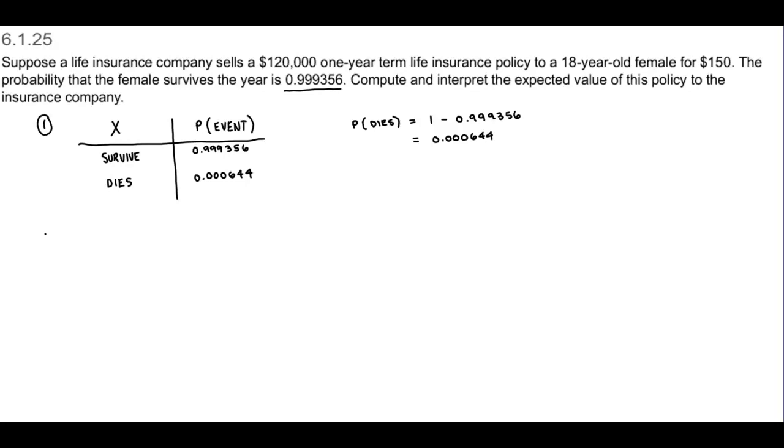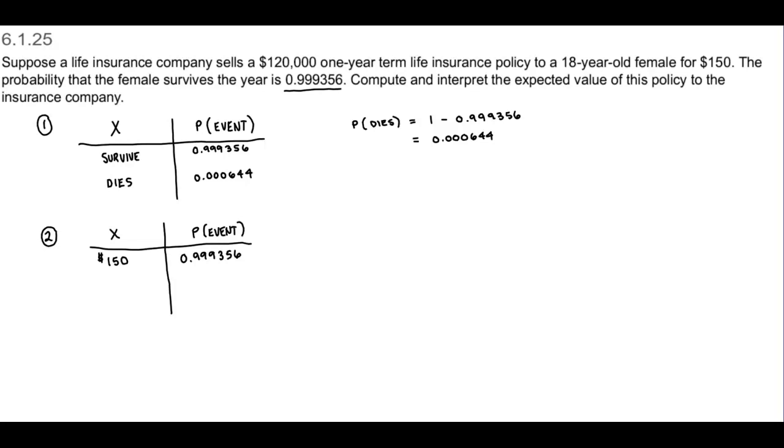So now we can create our next probability distribution. Instead of writing survive, $150 represents the survive, which has probability 0.999356.